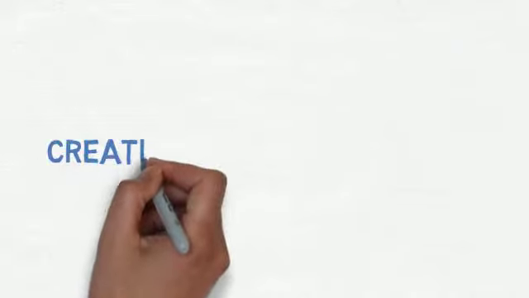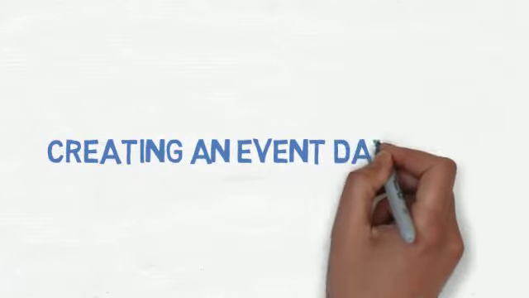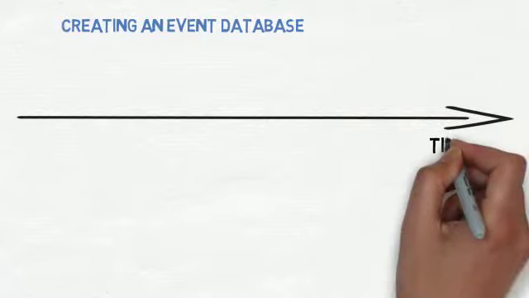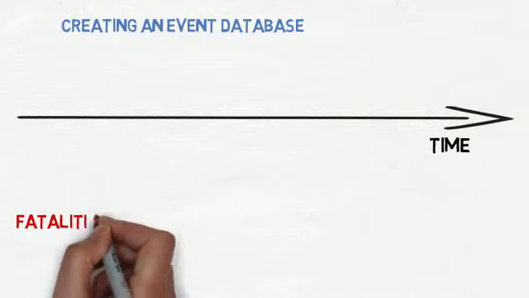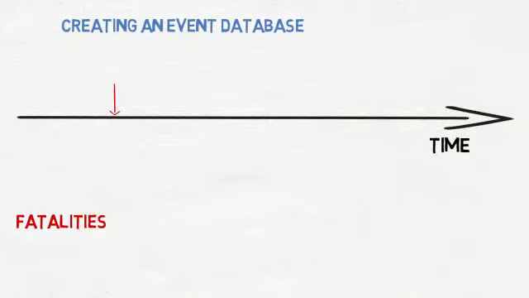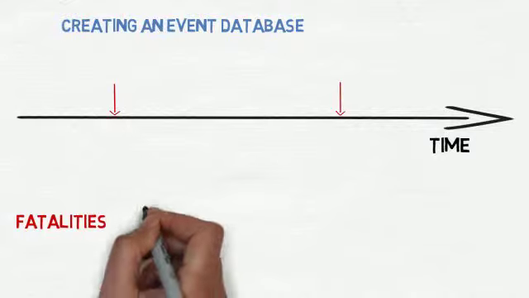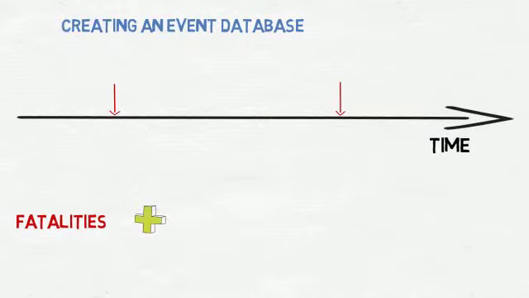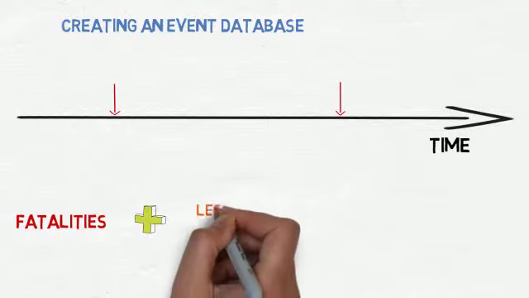The first step in most precursor analyses is the creation of an event database. When individual organizations use actual fatality data, the reports are very few and far between, making it impossible to identify patterns or meaning from this data alone. The beauty of precursor analysis is that it does not have to rely only on fatalities to deduce precursor information.